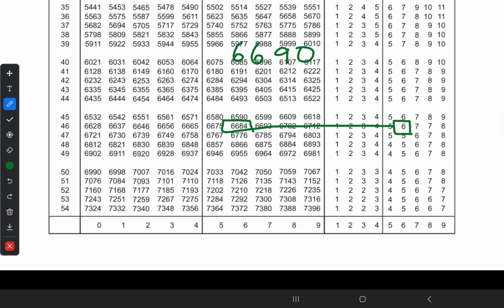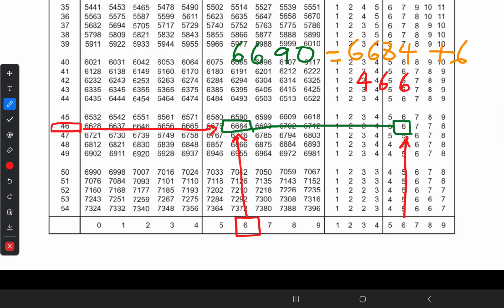That means this was split into 6684 plus 6. 6684 means 46th row and 6th column. Mean difference as 6. 6690 was identified inside the table. 6684 plus 6. We found their respective row number, column number and respective mean difference.